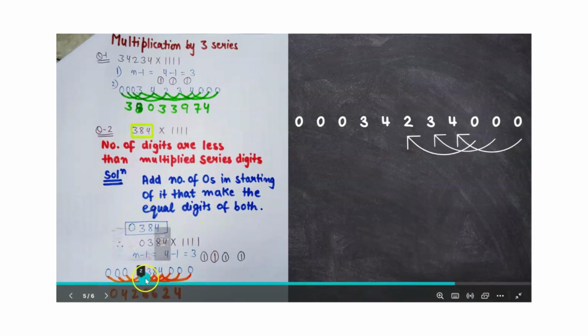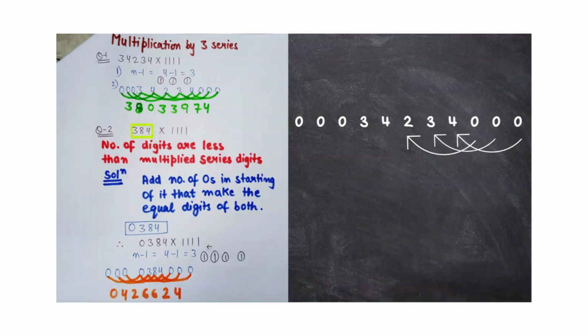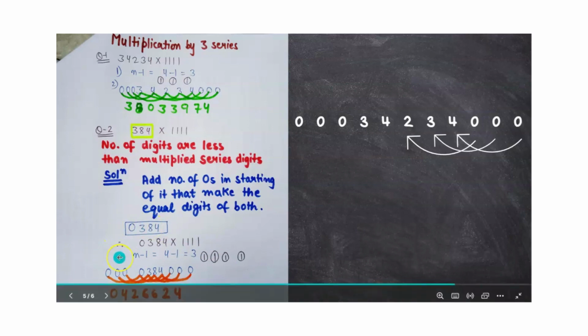So this 0 is separate from that 0 that we are adding here. This is your number now, 0384. And these 3 zeros are from the rules that we have studied in the starting. So 3 zeros will be added on the left hand side and 3 zeros on the right hand side.